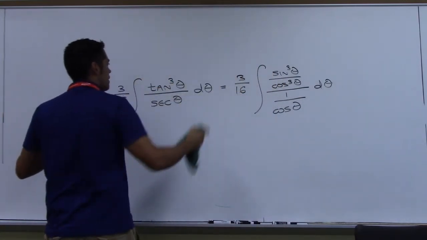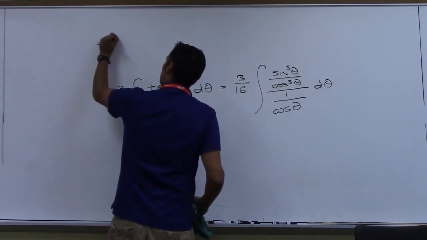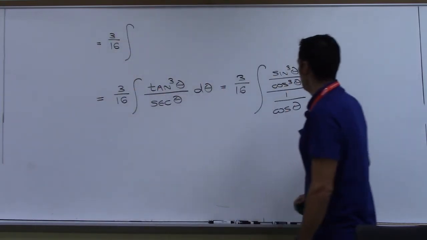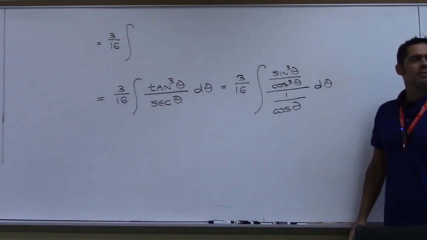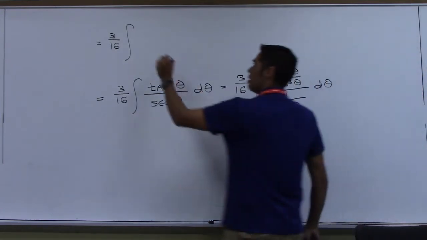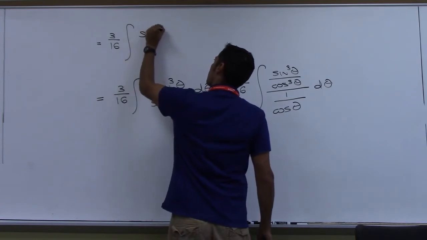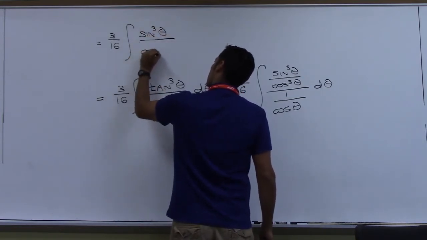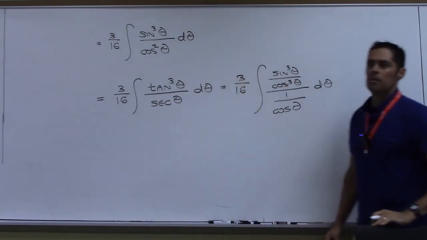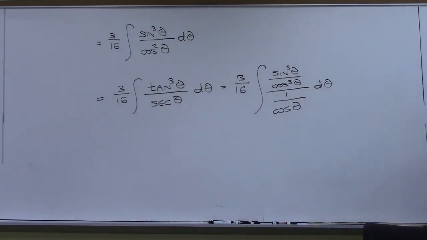Which will leave you with 3/16 integral sine cubed over cosine squared.